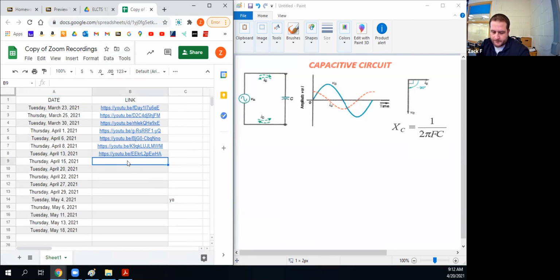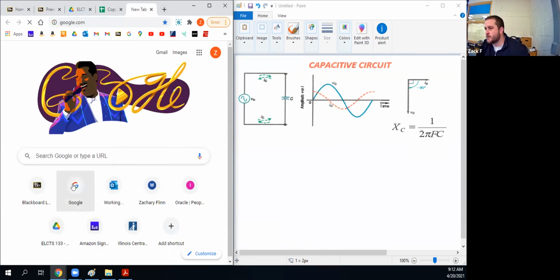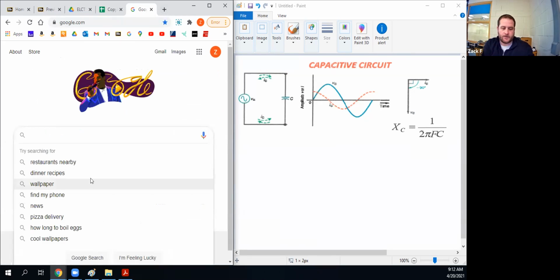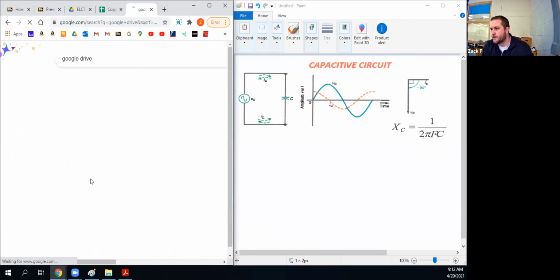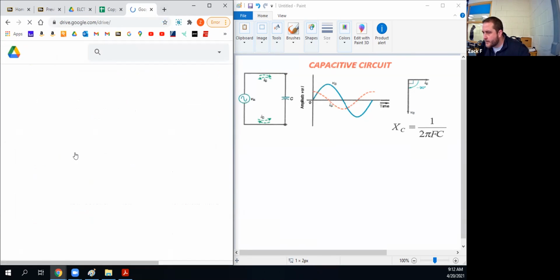And getting on the drive itself, I know it's simple. Go to Google and just search for Google Drive, then click on Drive.